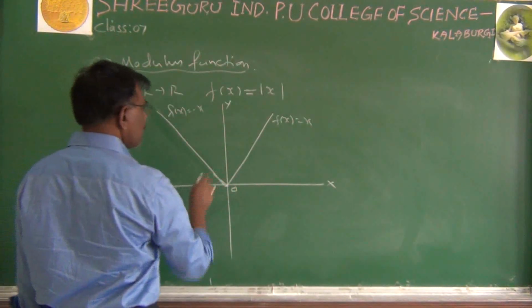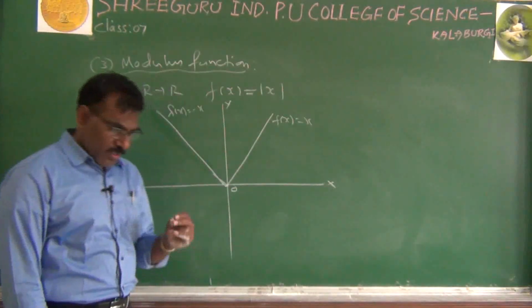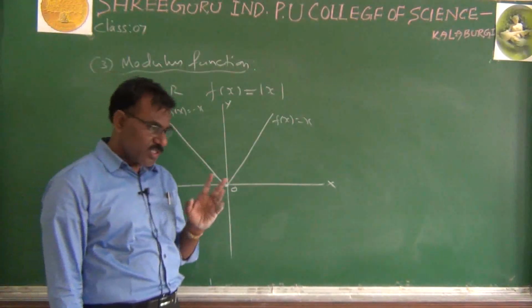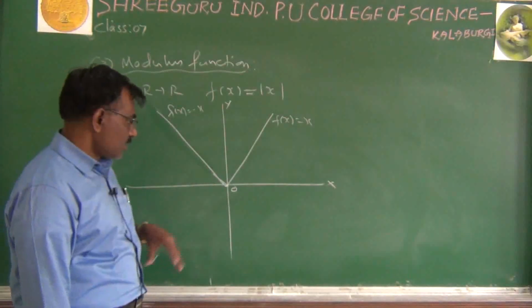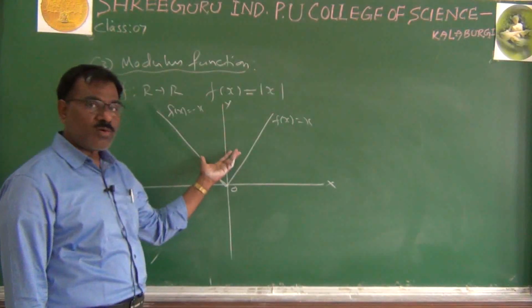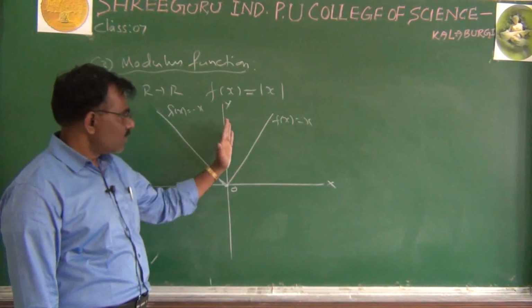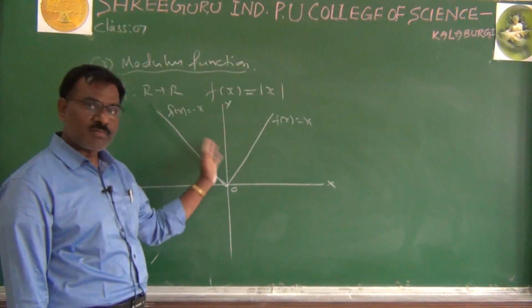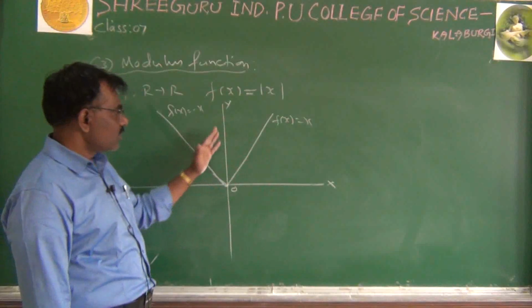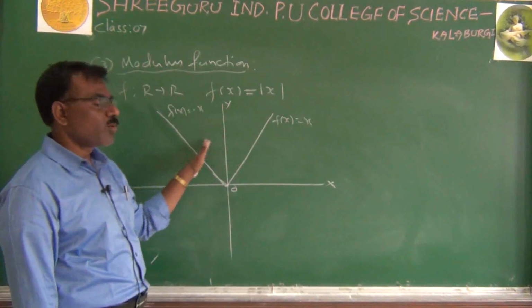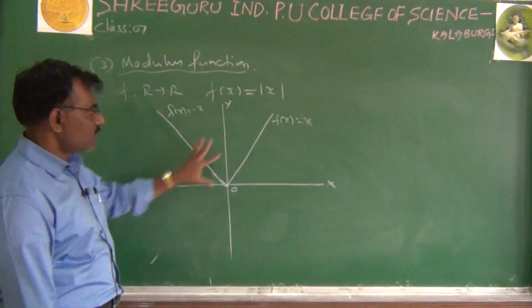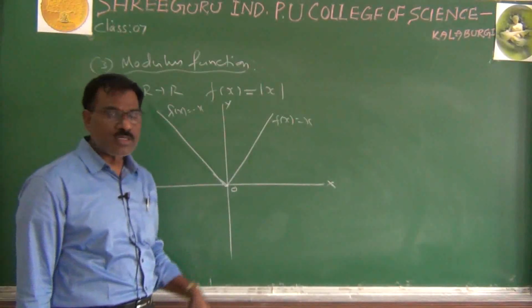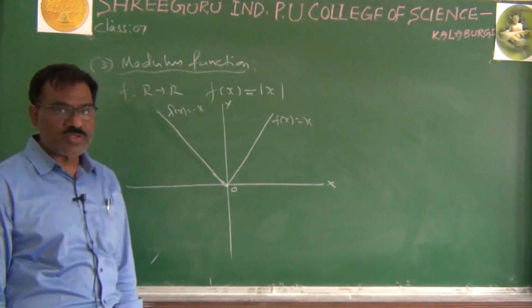When f of x is modulus of x, this is symmetric about the y-axis. This portion will be the same. If it's 2, this is minus 2, the same length. It is symmetric about the y-axis. This is x, this is minus x. This is called the modulus function.